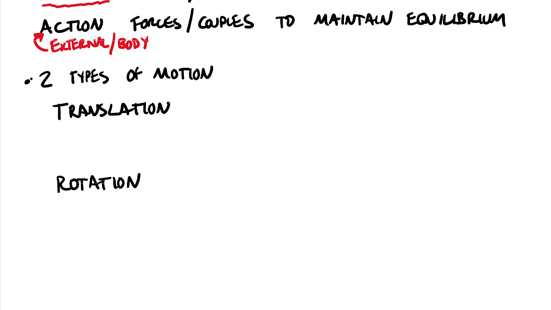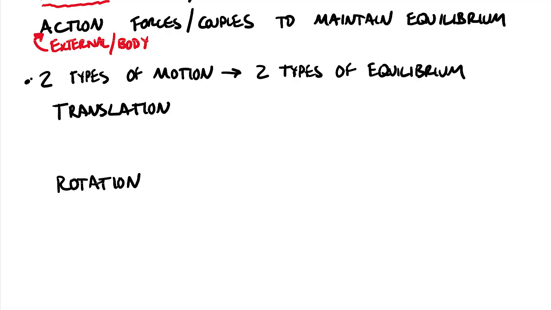So if there are two types of motion, there also must be two types of equilibrium. Essentially, we need to constrain the motion, both for translation and also for rotation.